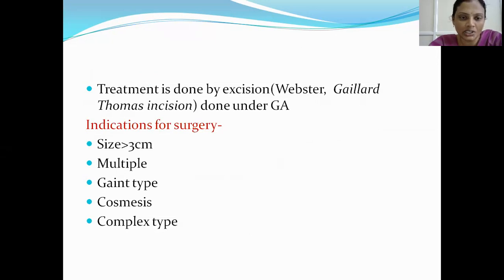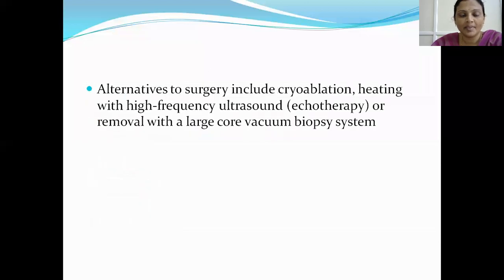Coming to the indications for surgery in fibroadenoma: if the size is greater than 3 centimeters, if they are multiple, if it is a giant type, for cosmetic purpose, and if it is a complex type. Alternatives to surgery include cryoablation, heating with high frequency ultrasound called echotherapy, or removal with a large core vacuum biopsy system.